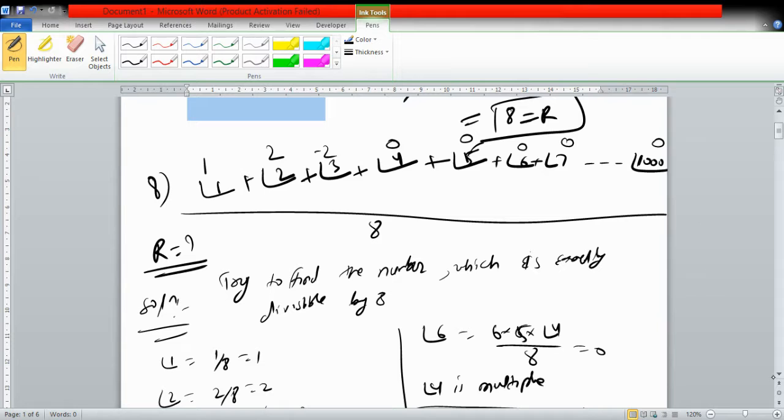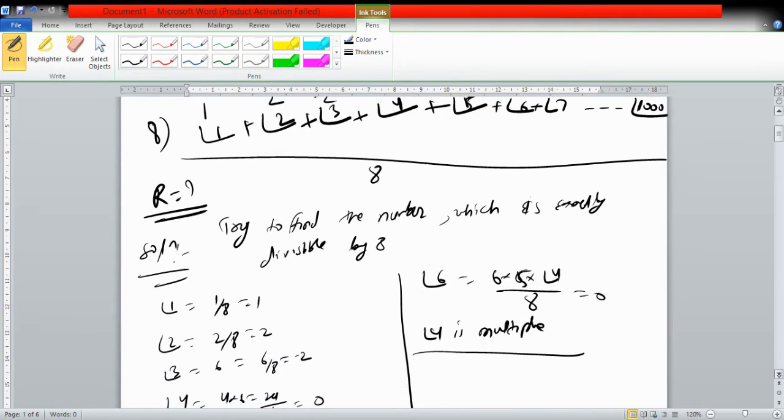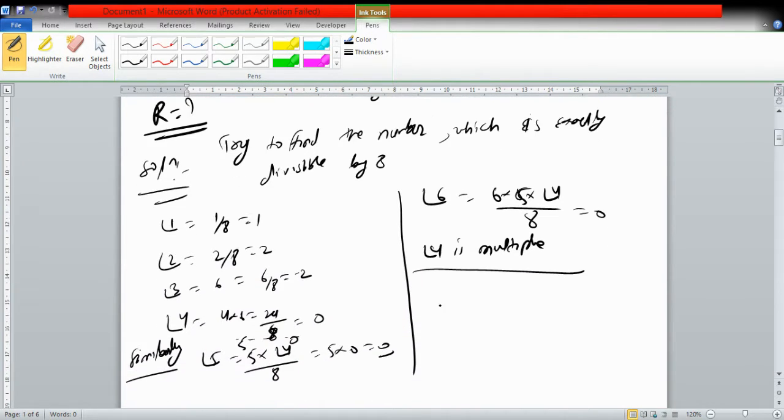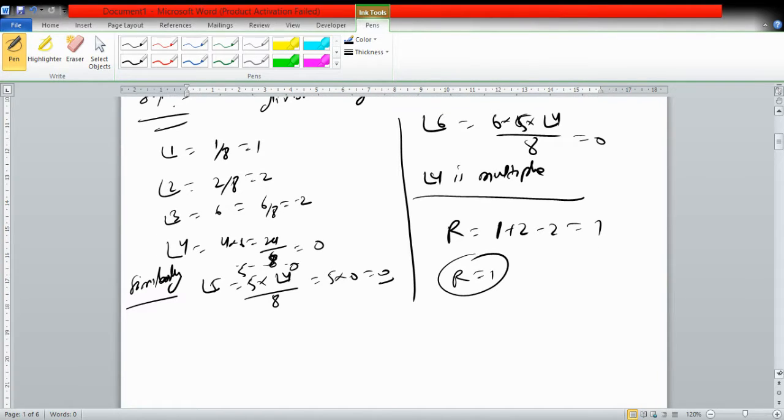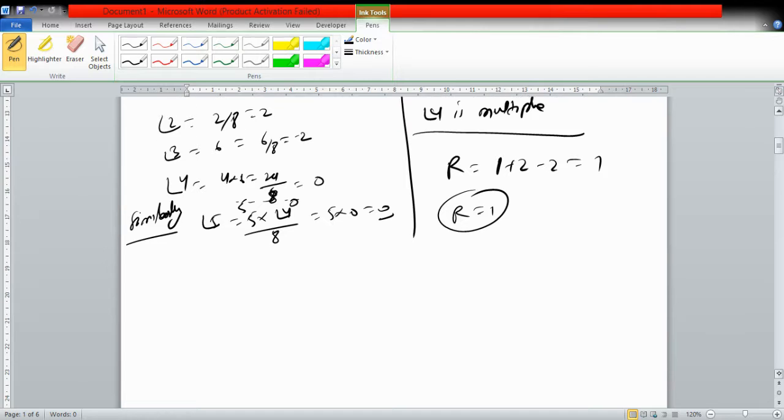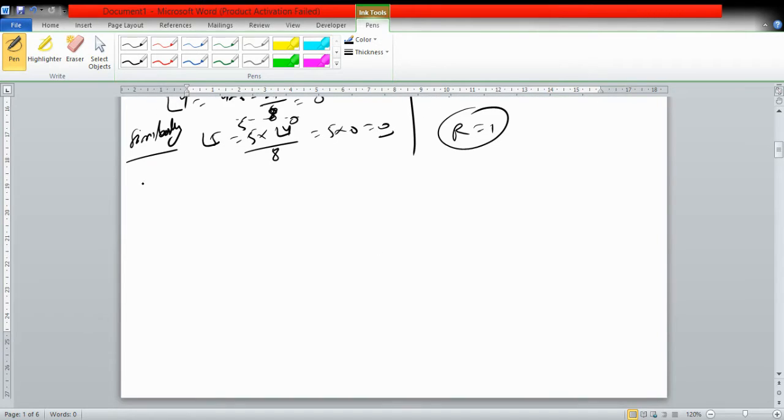Now you add them because the operator sign is plus. So the remainder is plus 1 plus 2 minus 2. You need to divide separately for all the numbers.